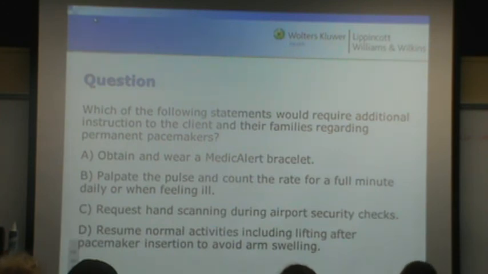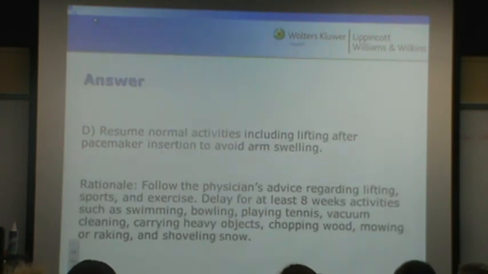Obtain and wear a medical alert bracelet, palpate the pulse and count the rate for a full minute daily or when feeling ill. Request hand scanning during airport security checks. Or resume normal activities, including lifting after pacemaker insertion to avoid arm swelling. D? Oh, okay. Resume normal activities, including lifting after pacemaker insertion to avoid arm swelling.